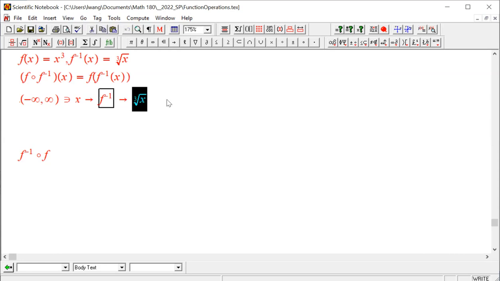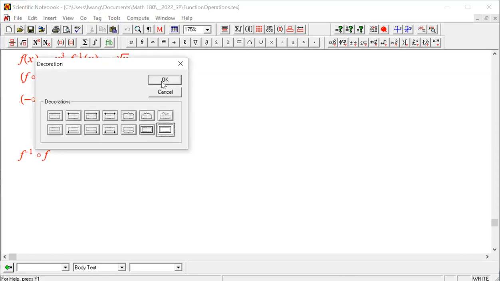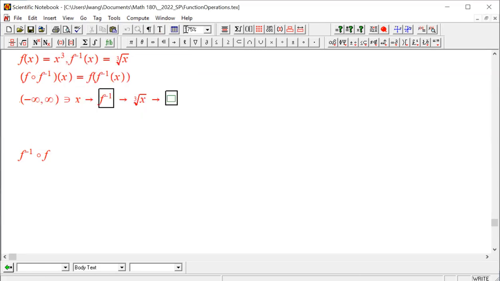The range of this is all real numbers, and this is also in the domain of f, because next we give it to the rule of f. The rule of f says I'm going to take your input and raise it to the power 3. Whatever input you give me, I'm going to power it by 3. And what does this equal?